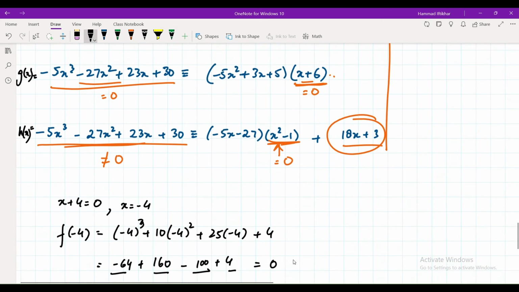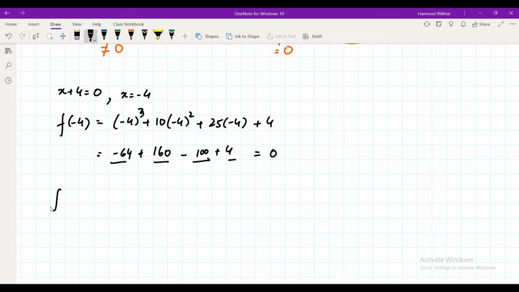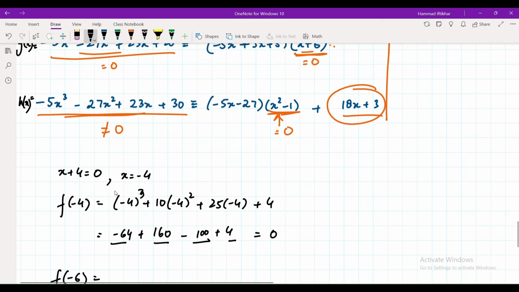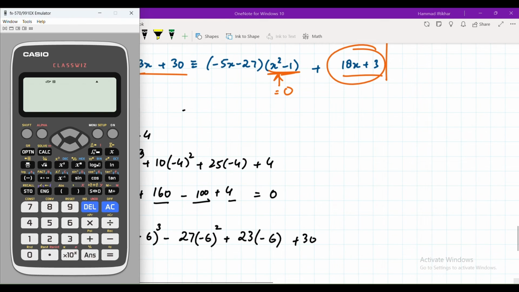Let's see the similar thing, x plus 6. Let's go with that. So f of minus 6 would be, since it's the same expression, let's use that. So 5 times by minus 6 cubed minus 27 negative 6 whole squared plus 23 times by negative 6 plus 30. Now let's put this all in the calculator.